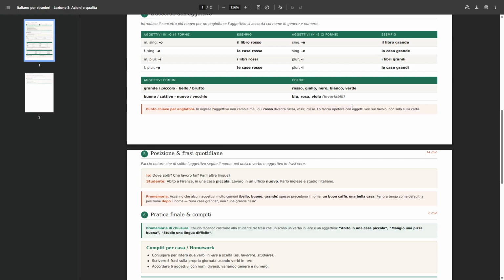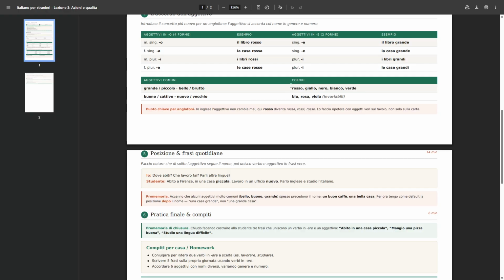Then we have verde, green, and then we have blu. You know obviously what that is. You probably know Avatar, so you know what blue is. Or the song by Eiffel 65, Blue. I'm blue, you know that song. Really good. Then we have rosa.